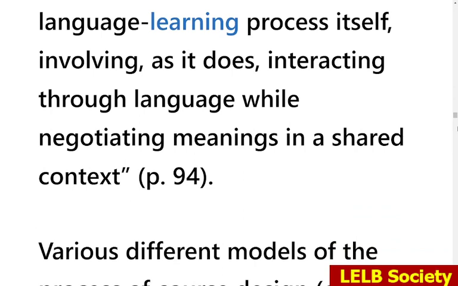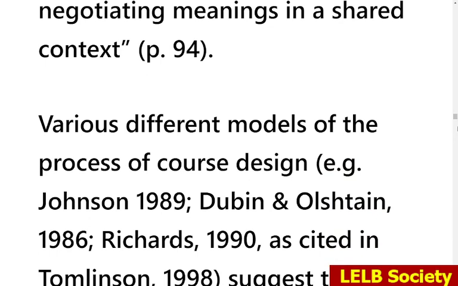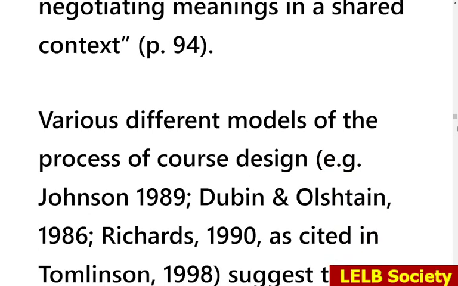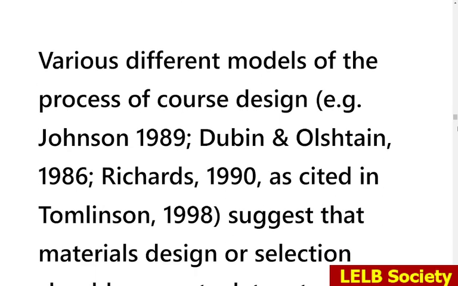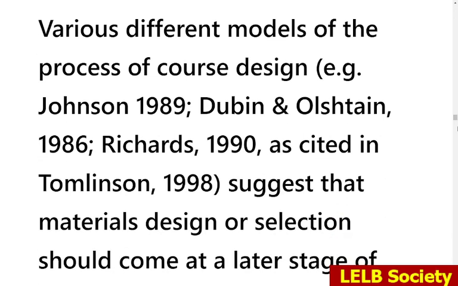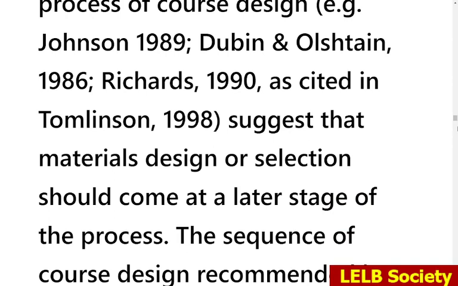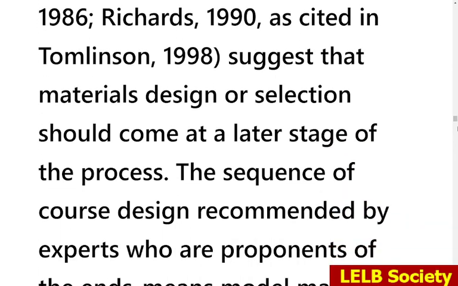Page 94. Various different models of the process of course design, for example, Johnson, 1989, Dubin and Olshtain, 1986, Richards, 1990, as cited in Tomlinson, 1998, suggest that materials design or selection should come at a later stage of the process.